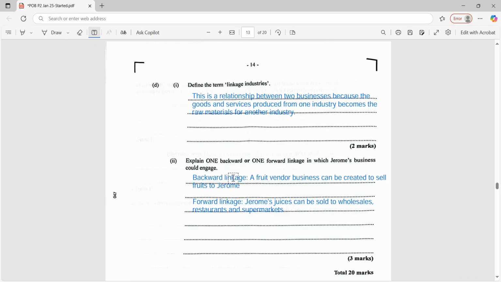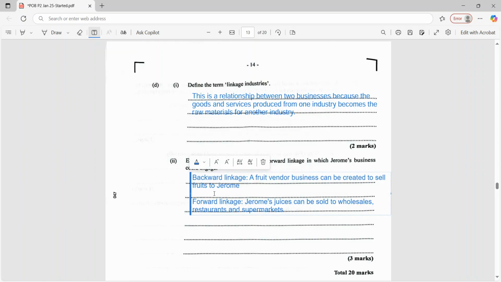So for backward linkage, it would be a fruit vendor business that would have been created to sell fruits to Jerome, right? While forward linkage would have been Jerome's juices being sold to wholesalers, restaurants, and supermarkets. Now let's look at them individually.